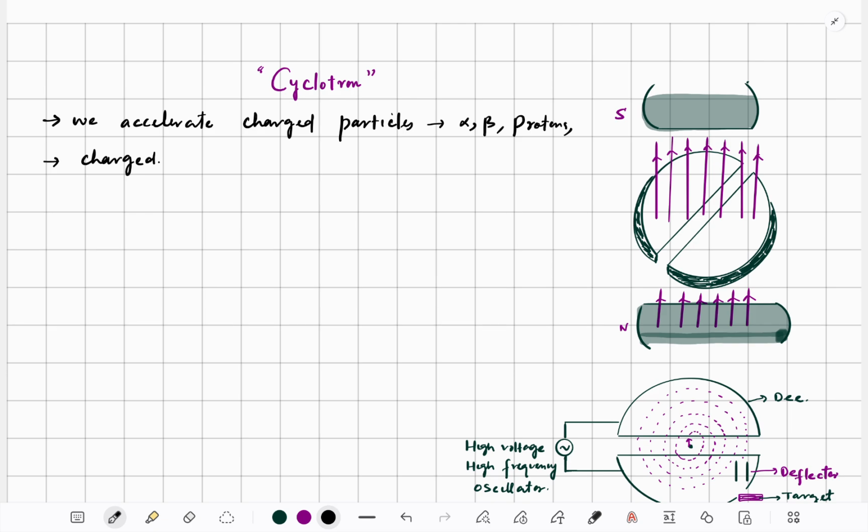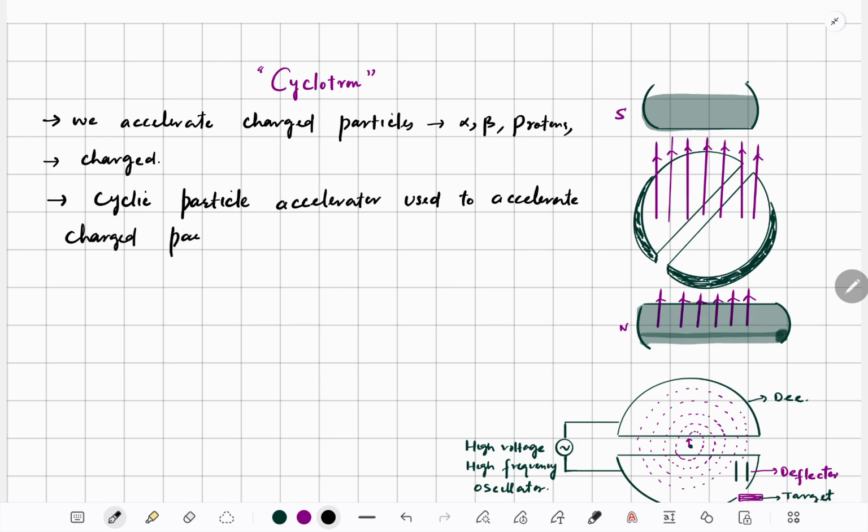So first, what is a cyclotron? It's a cyclic particle accelerator used to accelerate charged particles, as I said, like protons, deuterons, alpha particles, but very importantly, to high energies.